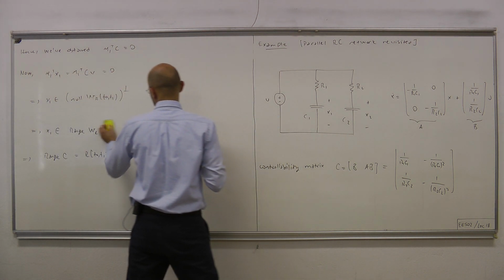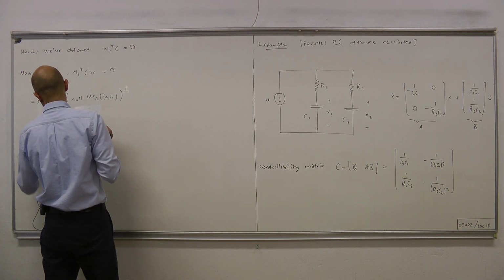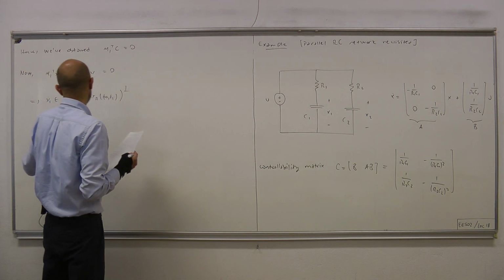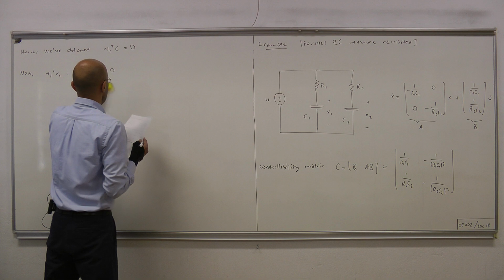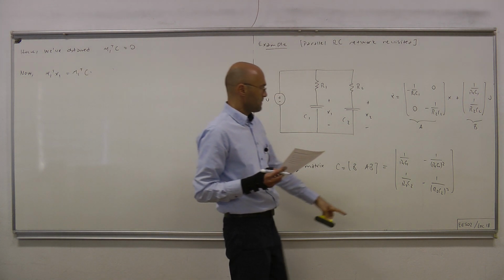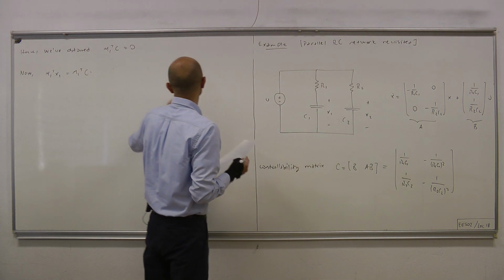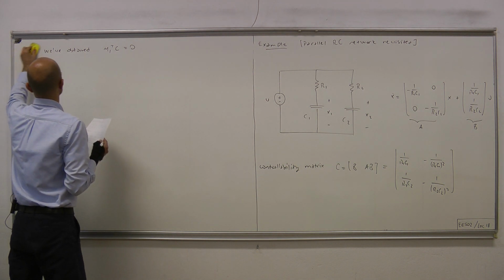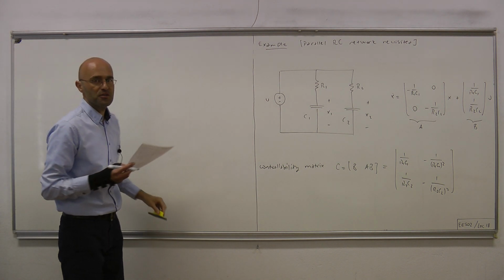Now, how about the general case? If R1 C1 is different than R2 C2, if the time constants are different, then let's compute the determinant of the controllability matrix, which we can for this case because it's a square matrix.